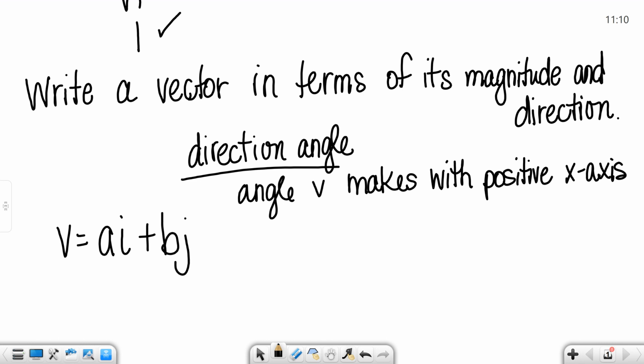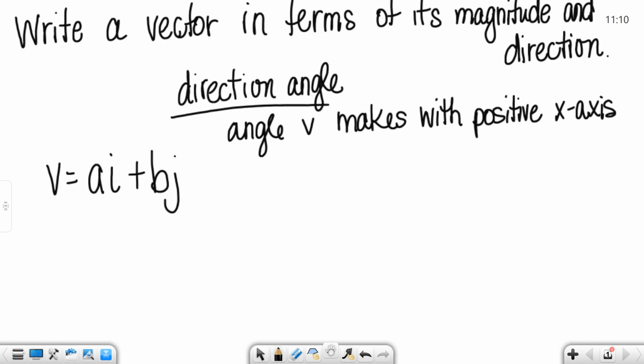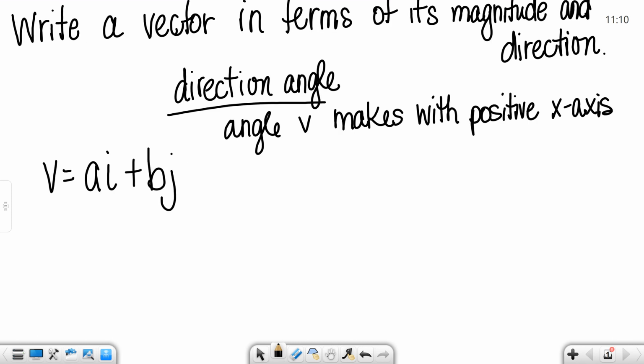All that does for me is tell me the components in my graph, like an ordered pair for me to graph. That doesn't tell me anything about the angle, nor does it tell me about the direction or the magnitude. So I need some way to find those two pieces of information.